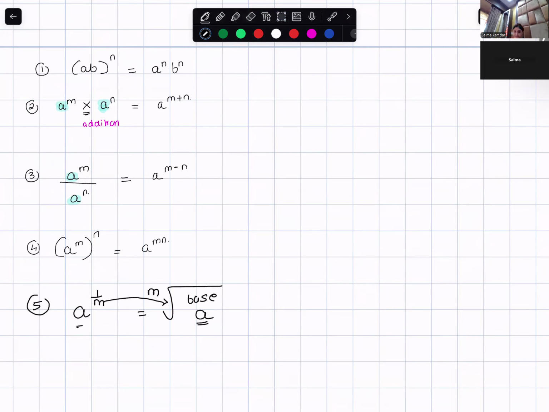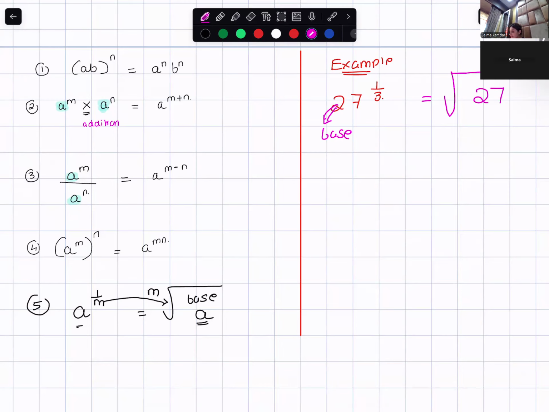Let's take an example: 27 raised to 1 by 3. 27 is my base, so it will be inside the root and this 3 would come over here. So it would be the cube root of 27, which would be 3.